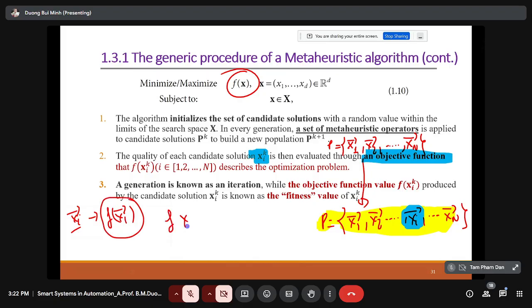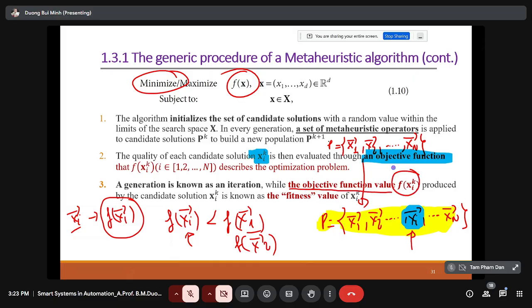If I choose minimization, and f(xi) is less than f(x1), then xi is better than x1. If it is less than f(x2), then xi is better than x2. So we pick solution by solution and calculate the objective function value f(xi^k).